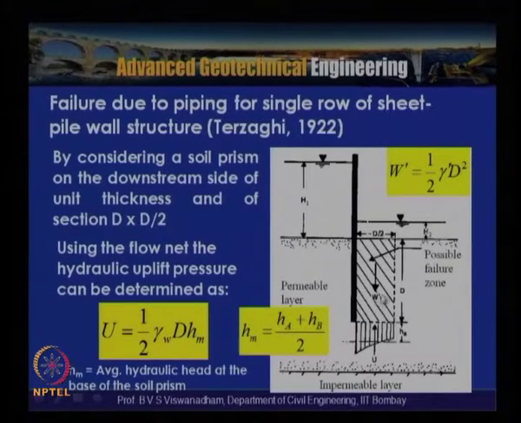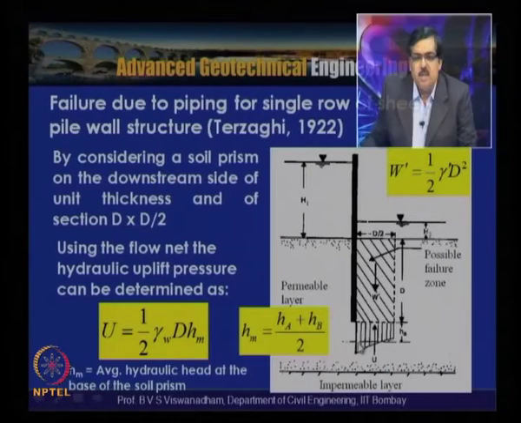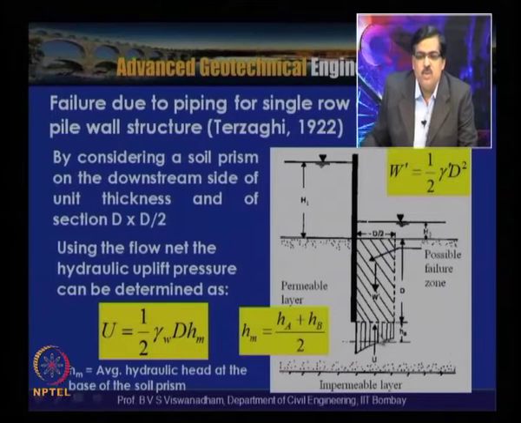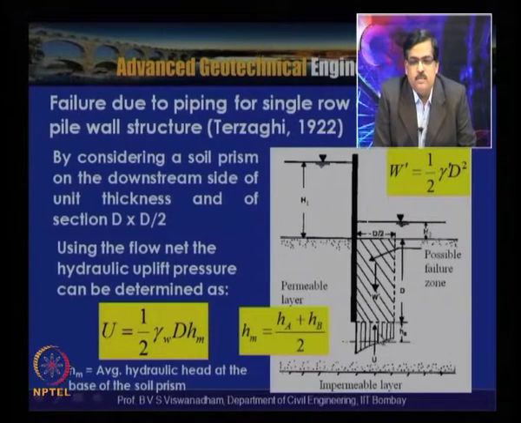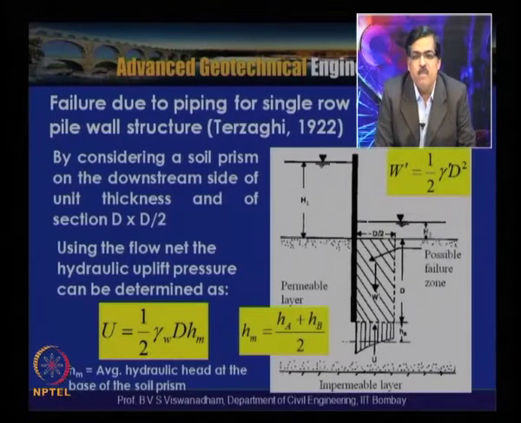So suppose there is an uplift which is created. In order to calculate this uplift pressure, we need to use the total head, because the head is dissipating as water flows from this direction to this direction.